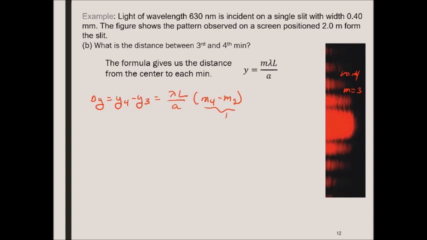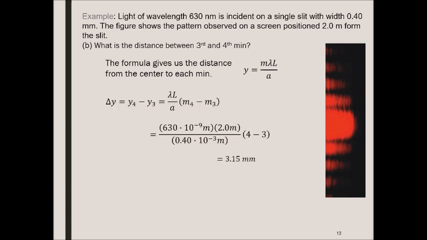This is just 1. So I just need to put the numbers in: 630 times 10 to the negative 9th meters times my distance to my screen of 2 meters, divided by my slit width, 0.4 times 10 to the negative 3rd meters. And that gives me 3.15 millimeters.